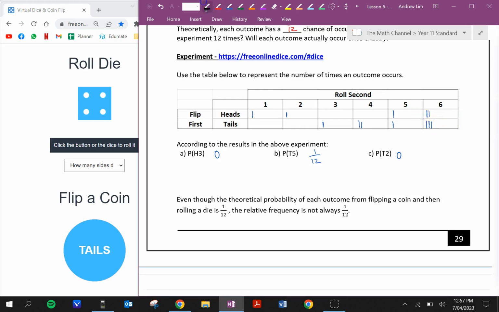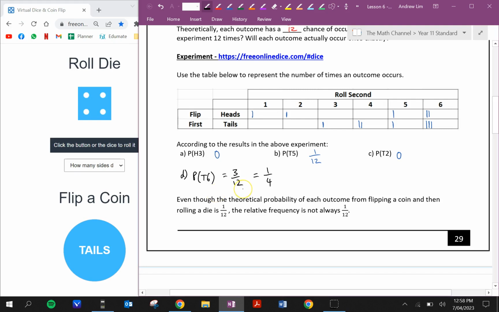Okay, the probability, so we'll call this question D. The probability of tails 6 in this experiment is actually 3 out of 12, which is equal to 1/4. 1/4 of the times that we rolled a die and flipped a coin, we got tails 6.